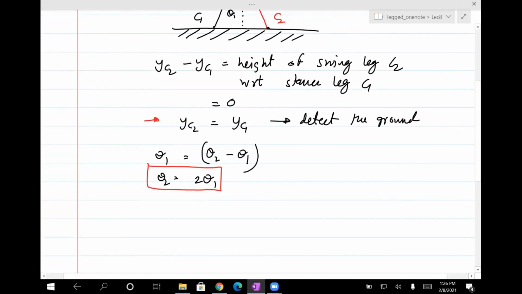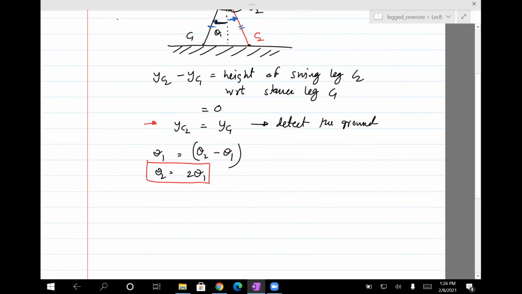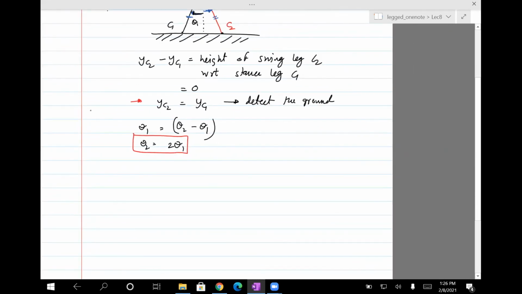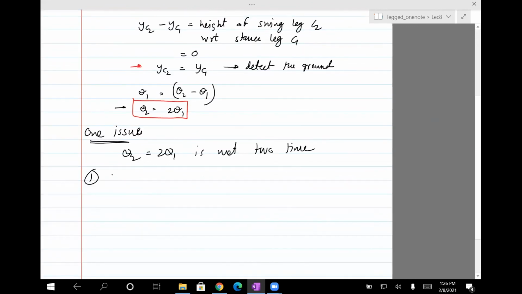Okay, before I go to the derivation, there is one issue when you do this detecting of ground contact. It turns out that this condition, theta 2 equals twice theta 1, is met two times in the walking cycle. Once it's met when the legs are nearly vertical.